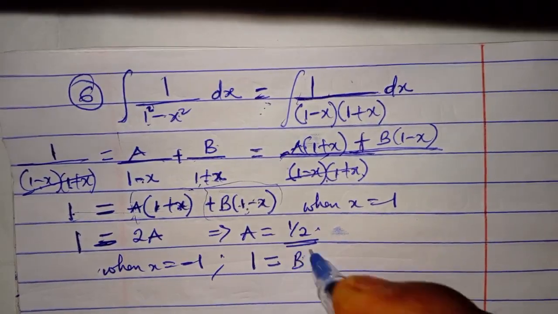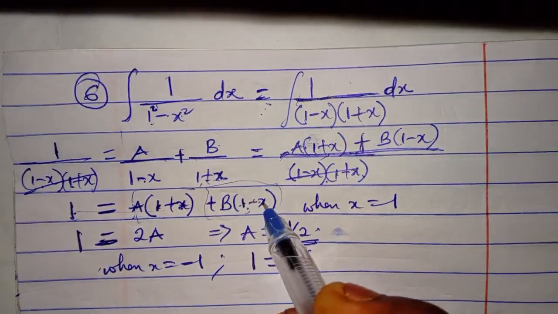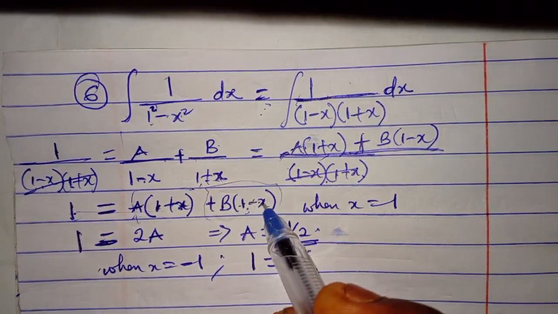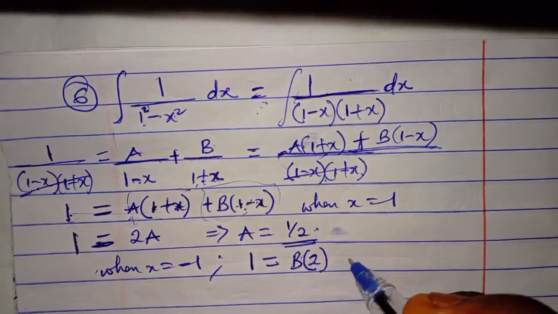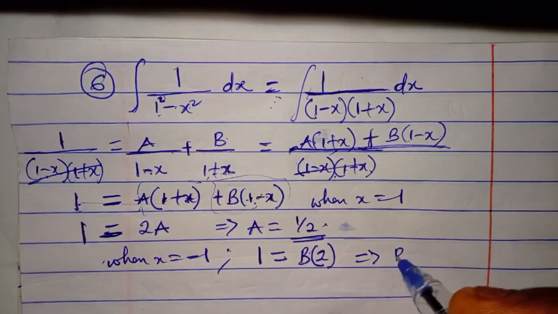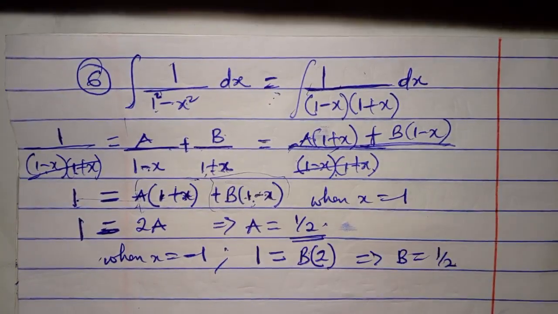Then we have b in brackets 1 minus minus 1. There is a minus here before, and we are saying that x is minus 1. So 1 minus minus 1 is 2, and that will be 2b. So dividing both sides by 2, it means that b is still equal to 1 over 2. So a is 1 half, b is also 1 half.